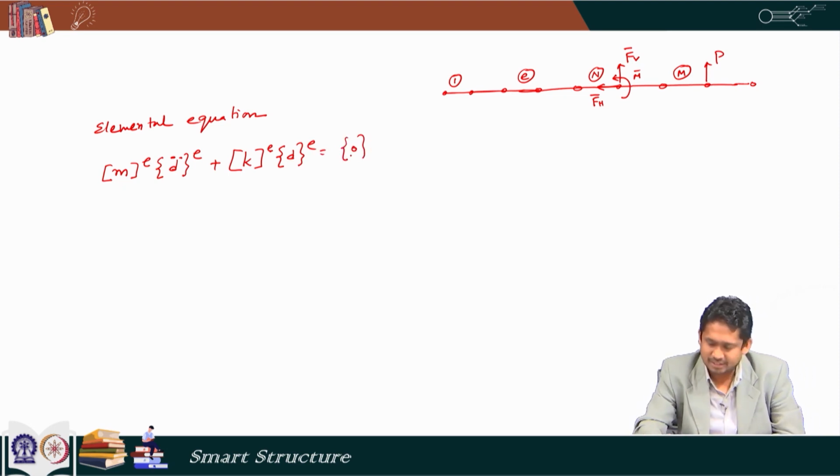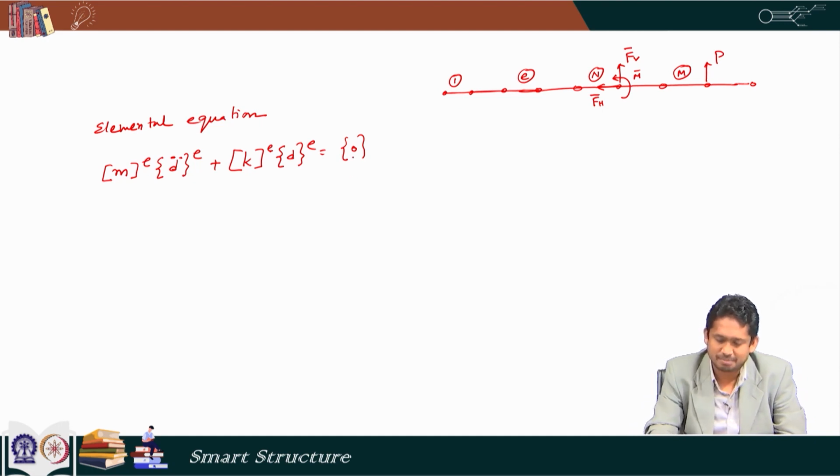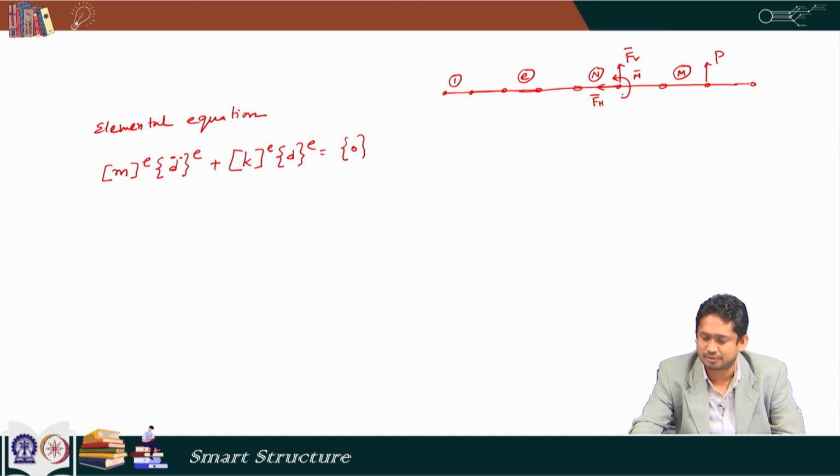So, in this case we do not have any distributed force, so we are keeping the force vector 0. There are some discrete forces that will be applied later on after assembling all the equations.